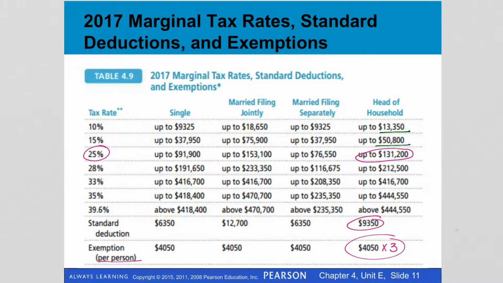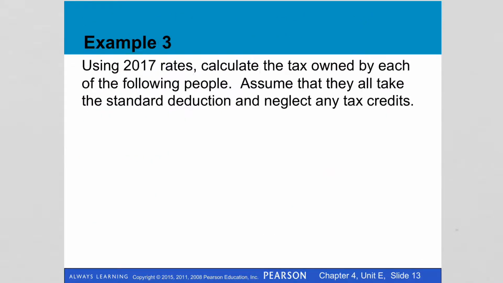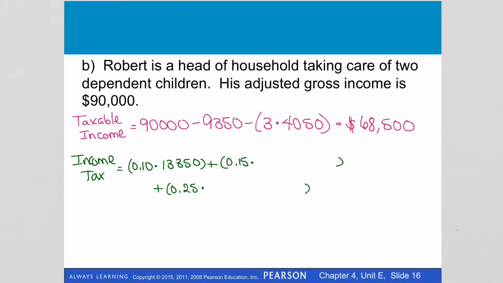The 15% part is between $50,800 and $13,350. So we'll take the $50,800 and subtract off $13,350. And then the 25% is everything above that.